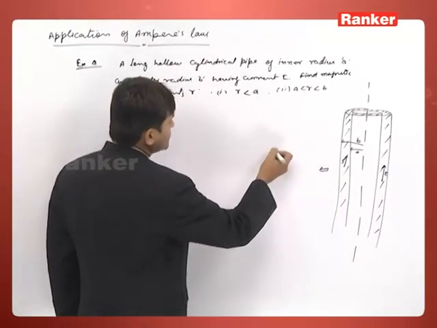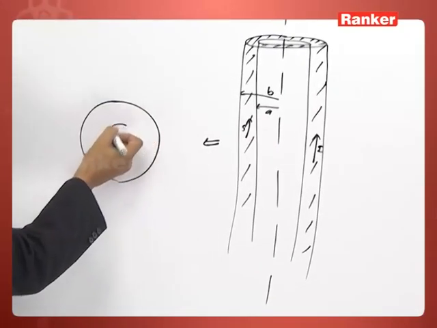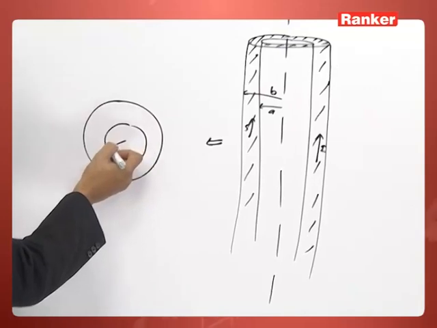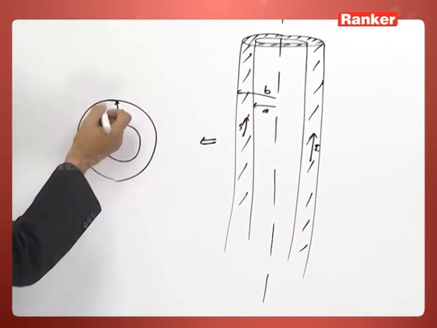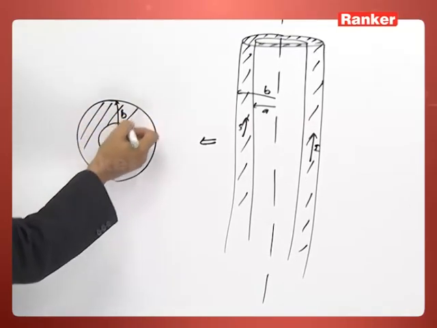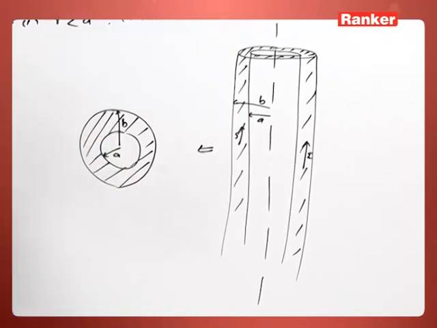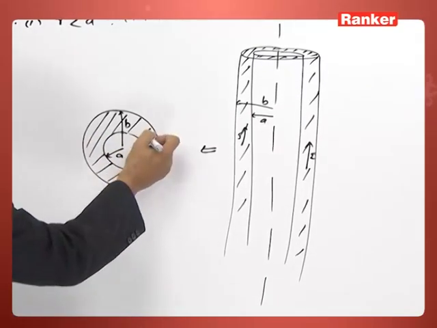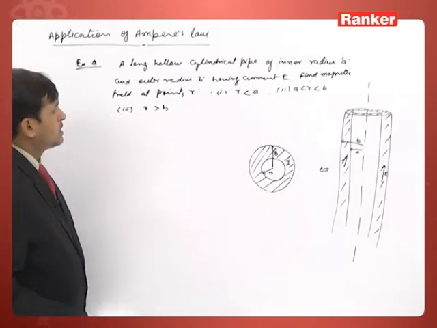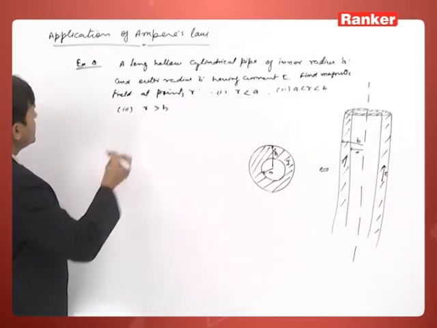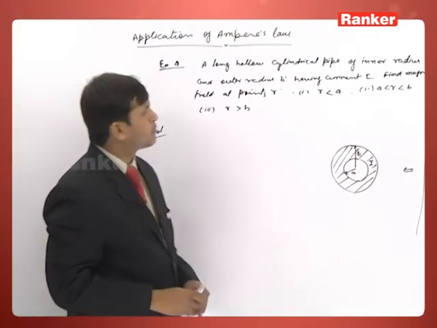If we make a top view of this, it will appear like this. This is A, this is B, and current I flows through this part. Now we look at the field at different points.